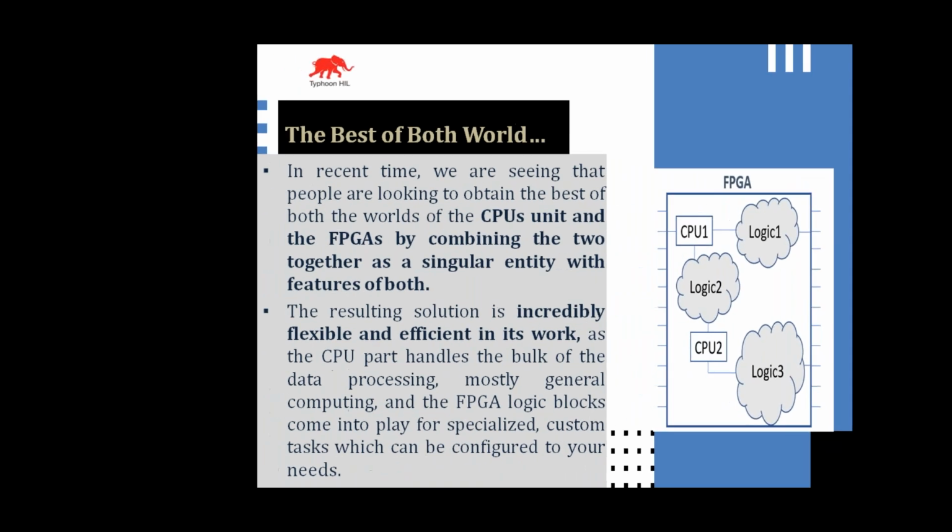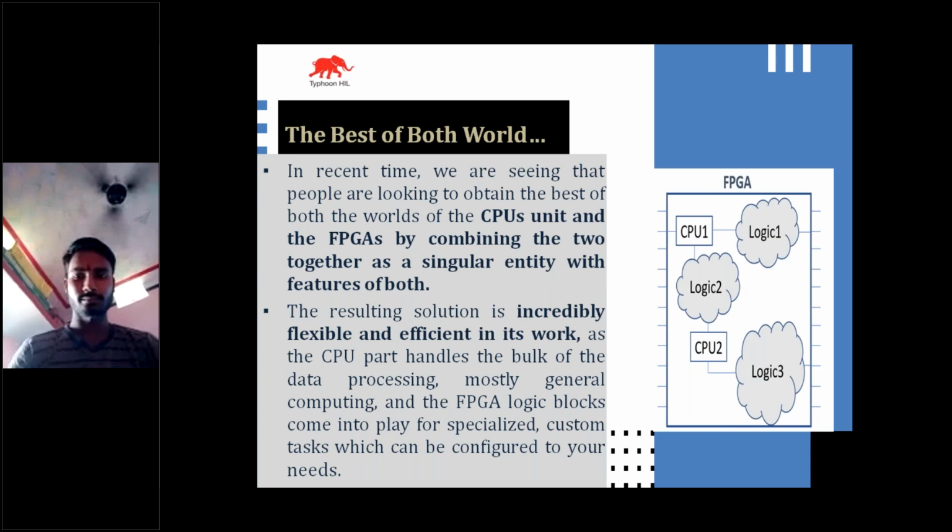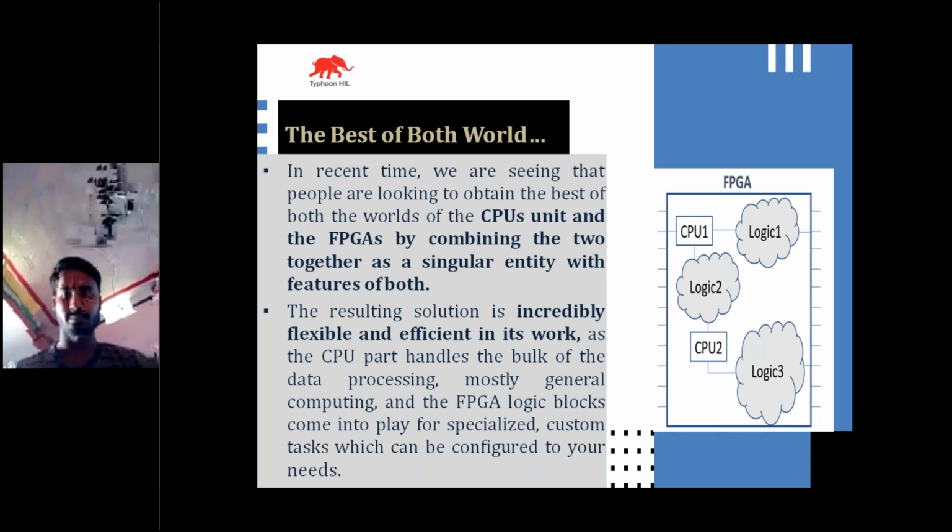If we want the best resulting solution, with very flexible efficiency in work, then we have to use the combination of CPU units and FPGAs, combining the two together as a single entity with features of both.